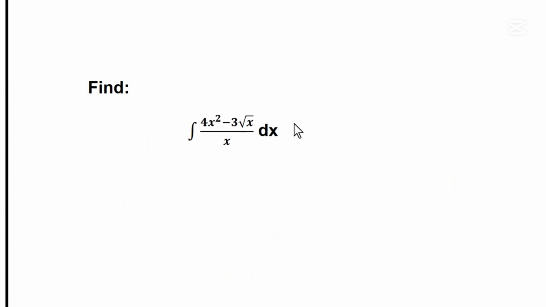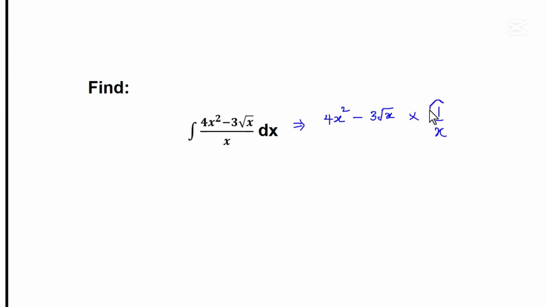So before we integrate this, we have to try to rewrite this expression in the form of 4x squared minus 3 root x, times 1 over x. Another way of expressing this is by writing 4x squared minus 3 root x, times 1 over x.